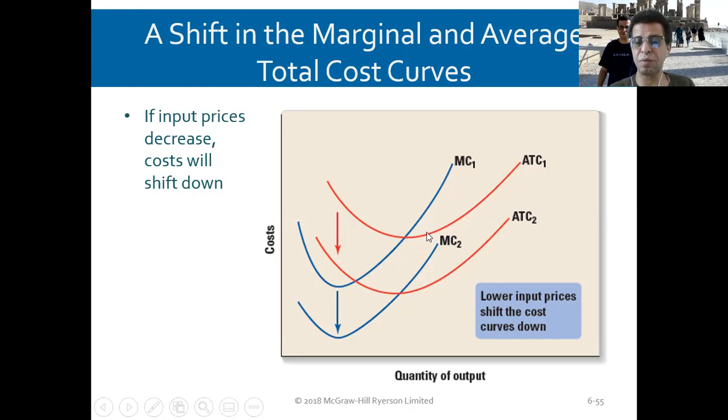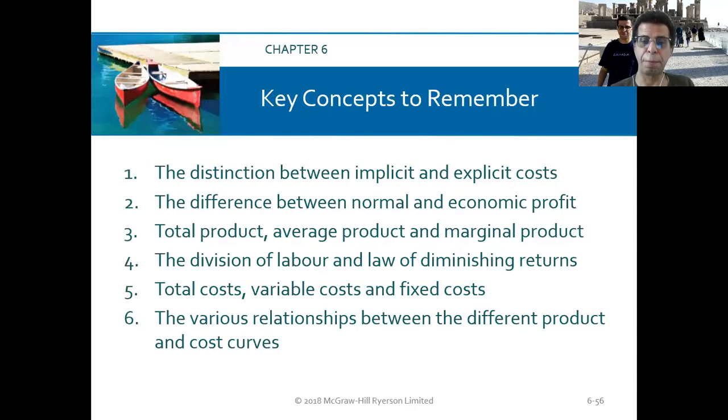Now you can produce more units. So your marginal cost also is going down because all the costs that you're putting in are going down together. So lower input prices shift the cost curve down more. It goes from average total cost one to two, which means your total cost for producing goes down, so it shifts more, and you're willing to produce more.